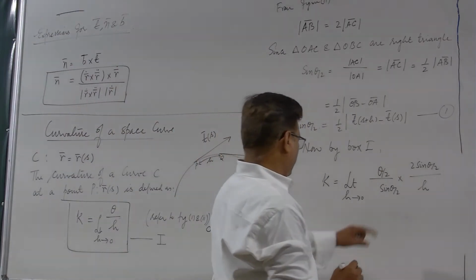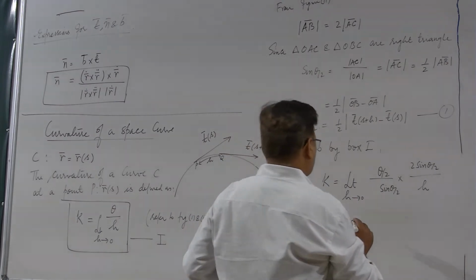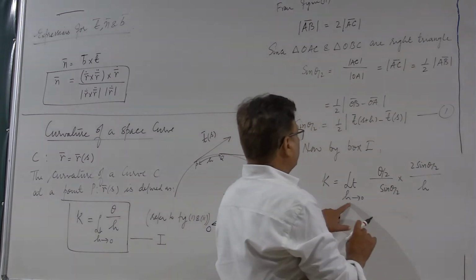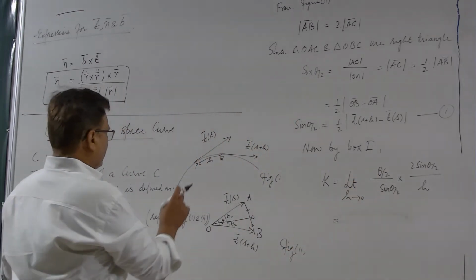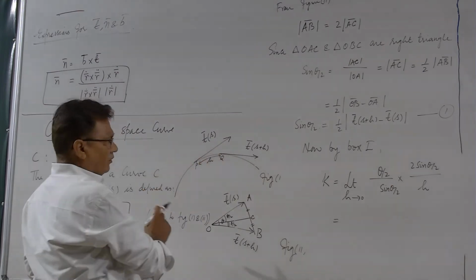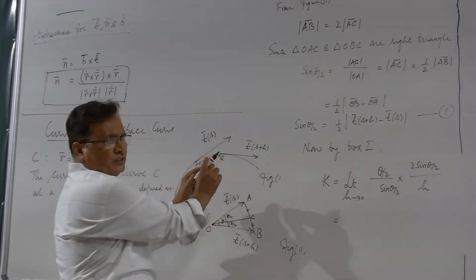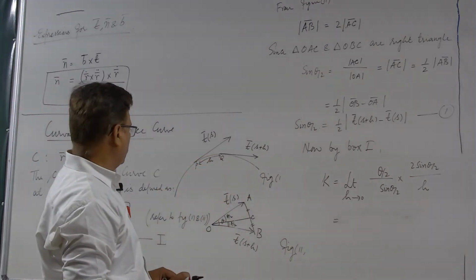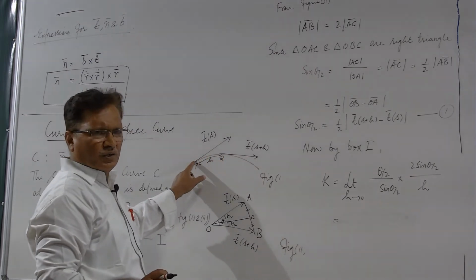So, the limit of the product equals the product of the limits. Now, when h tends to 0, theta also tends towards 0. Look here, when h tends to 0, it means Q tends towards P. When Q tends towards P, theta will become 0 because the two tangents will coincide.